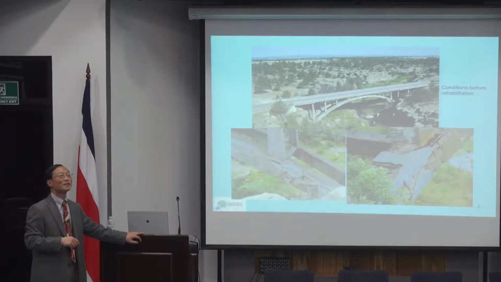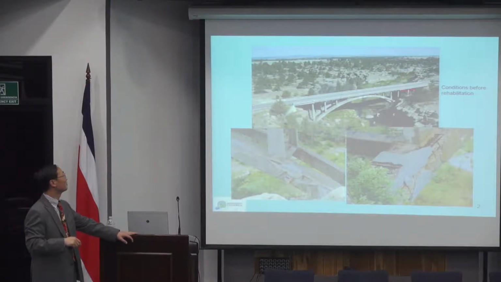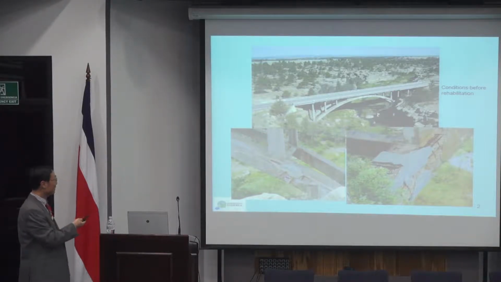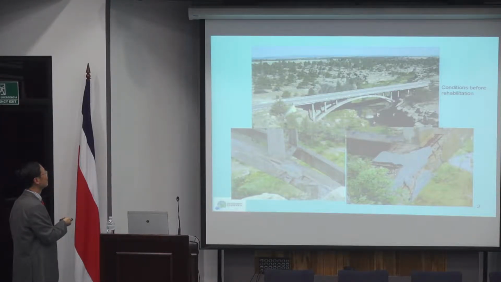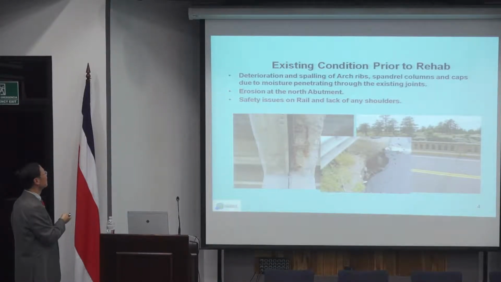So they did prefabrication for everything. They prefabricated and got ready, and only then did they close the bridge, remove the deck, and build a new one. So this is the scope of work, where the only thing left is the arch.